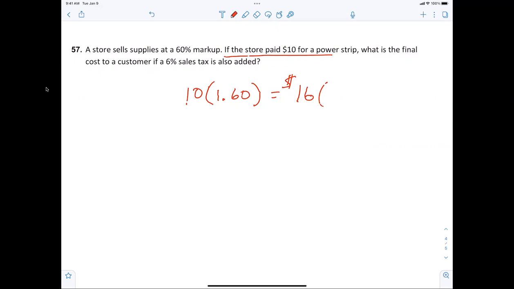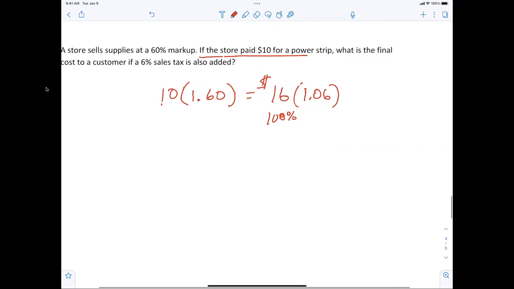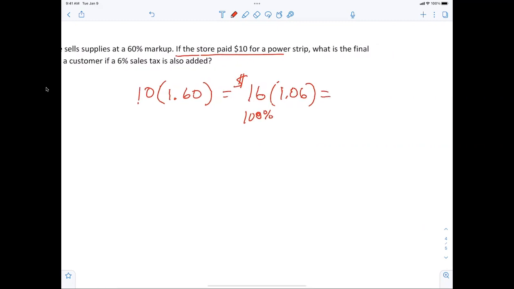That would just give you the tax. I want the total bill. So you see what I'm saying, right? So now the 16 represents 100%, and you're going to add 6% to it. You with me on this? So what's 16 times 1.06? Yes, $16.96.